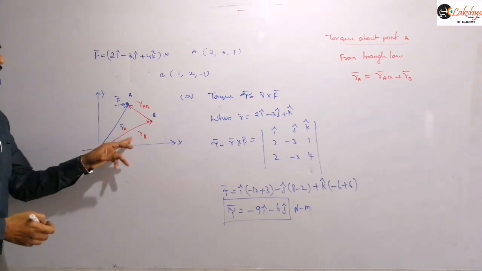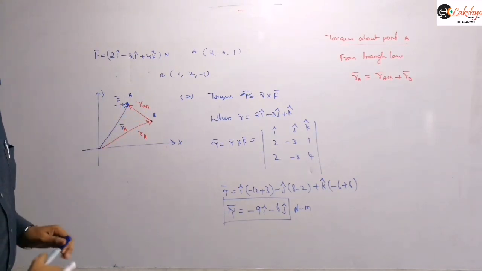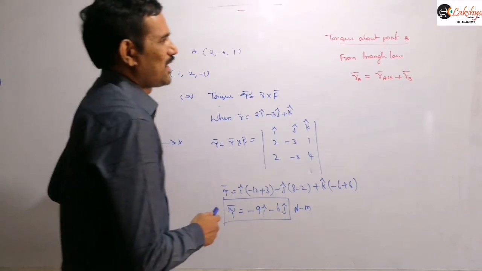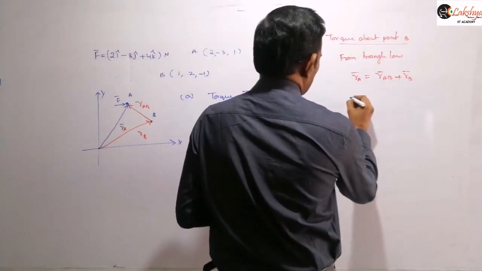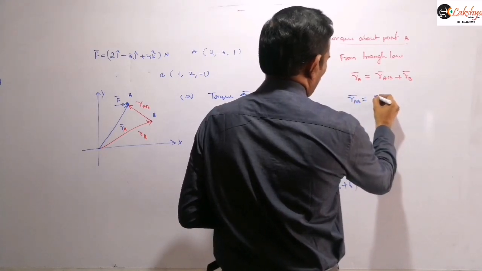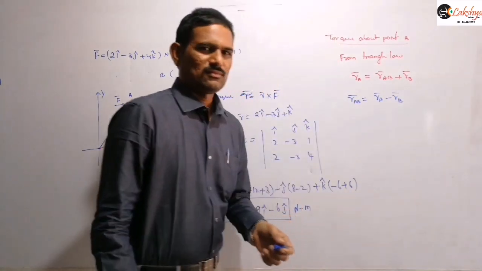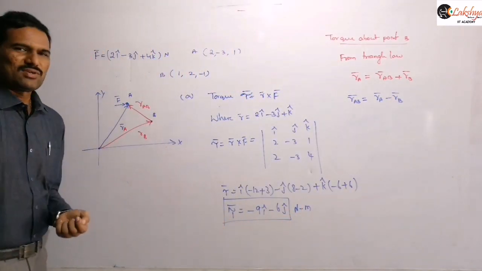That means the sum of these two vectors must be equal to the resultant, this vector here. And so now just from that we can write this as RAB bar is equal to RA bar minus RB bar. So that is our position vector here.